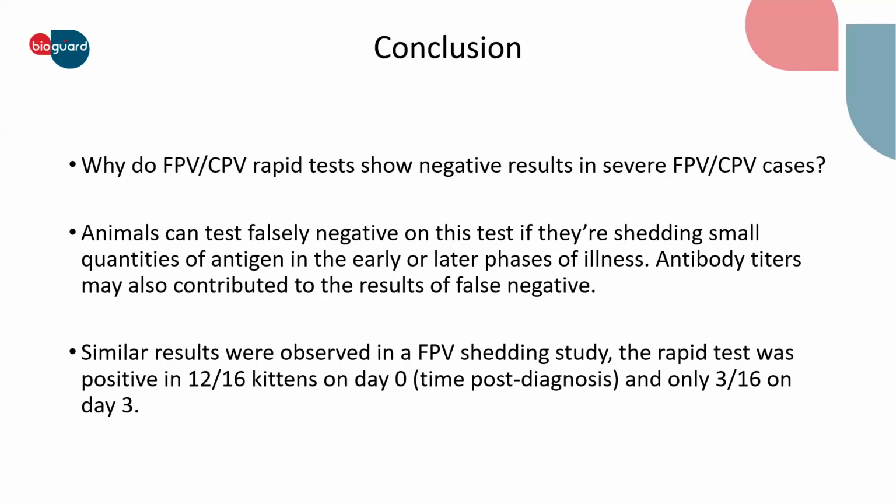And similar results were also observed in the FPV shedding study. In a study, the rapid test was positive in 12 of 16 kittens on the day the cat was diagnosed with FPV, and only 3 of 16 on day 3 after the diagnosis showed FPV rapid test positive results.